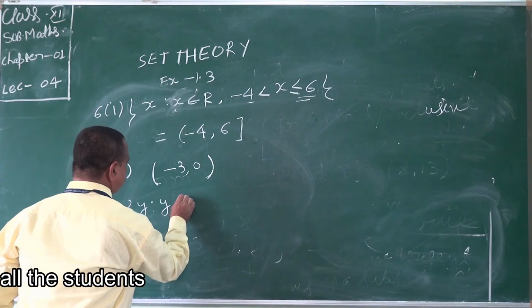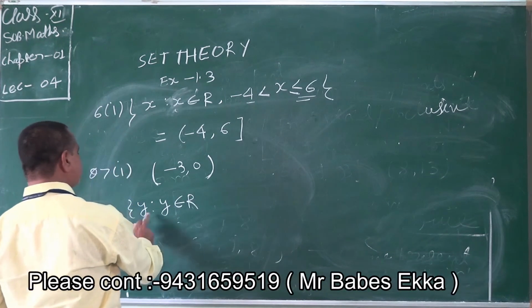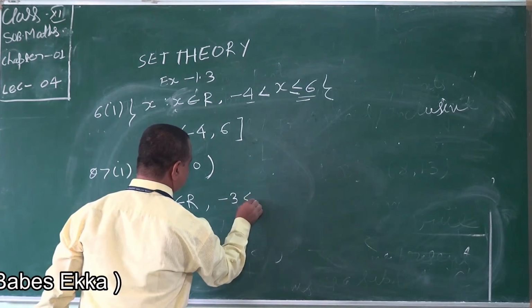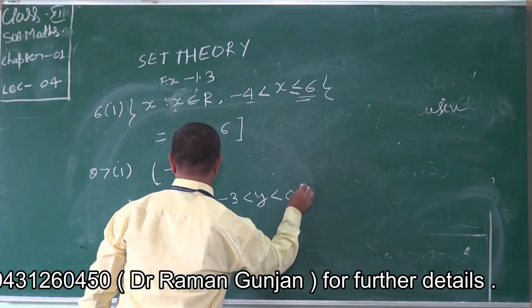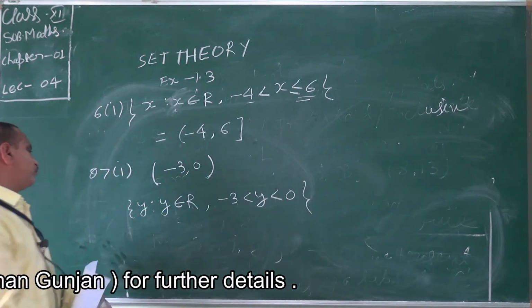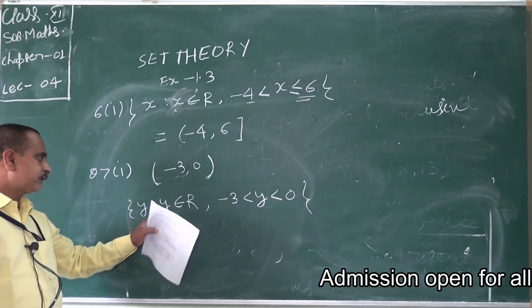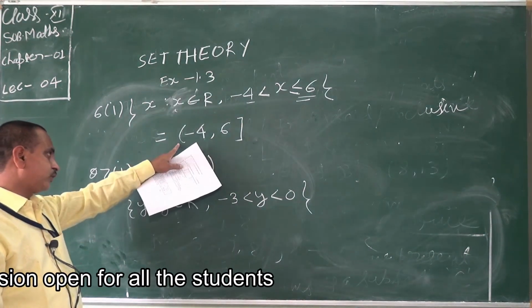We represent y such that y belongs to R, and -3 < y < 0. This is our set builder form. This open interval is represented in set builder form, and set builder form is represented in your tabular form.